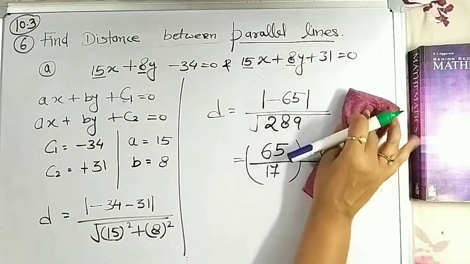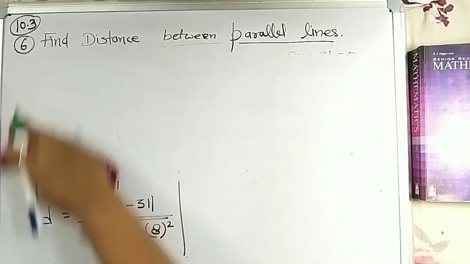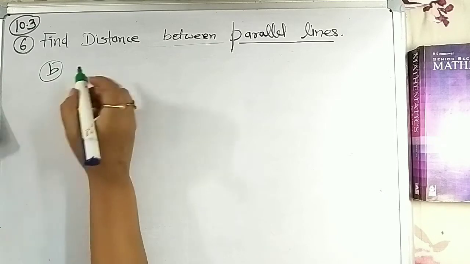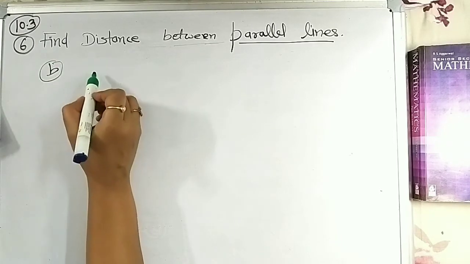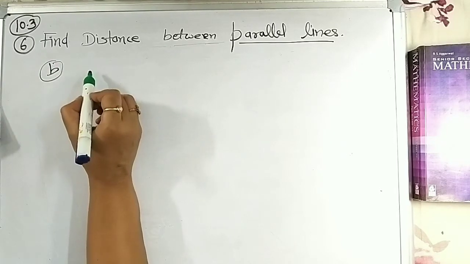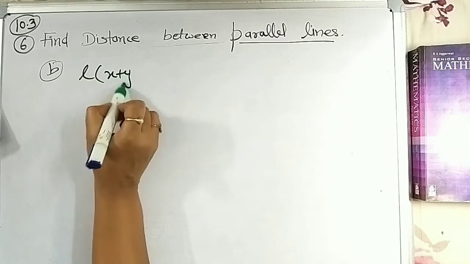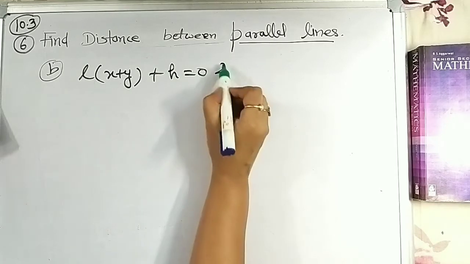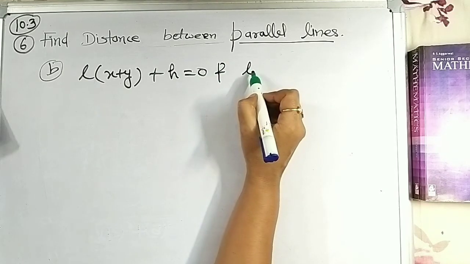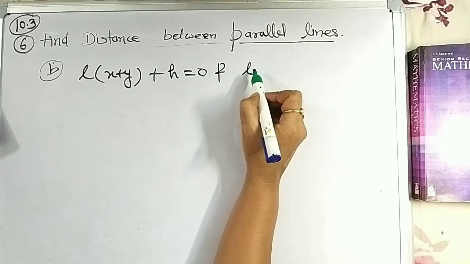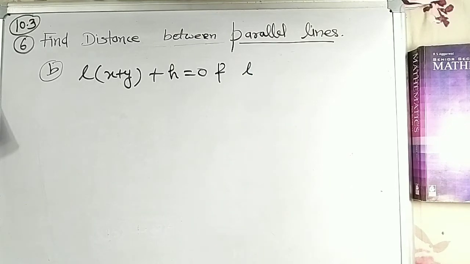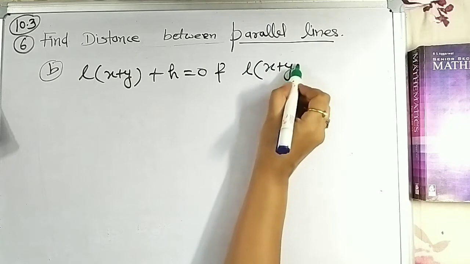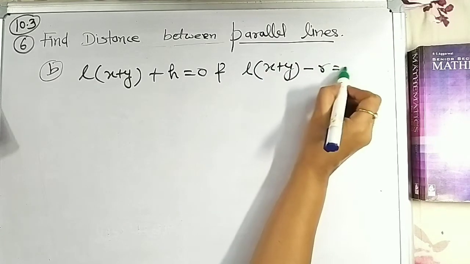Okay, quickly we will see part B of the same question. Question B says that the lines are L x plus y plus h is equal to 0 and L x plus y minus r is equal to 0.